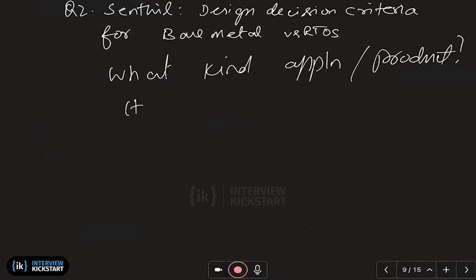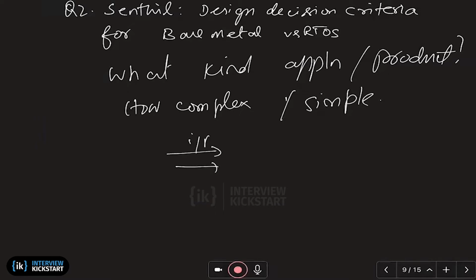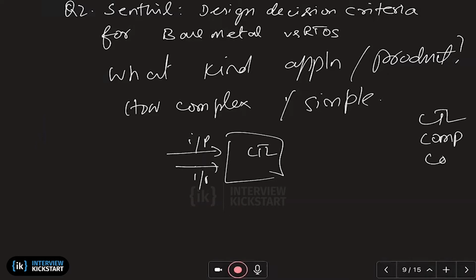Basically, how complex or simple it is. Let's talk about a simple embedded application. You're just designing it. It takes a couple of input signals, and then it's a control application. The application can be a control application, or a computational application, or a communication application, or a combination of all this.